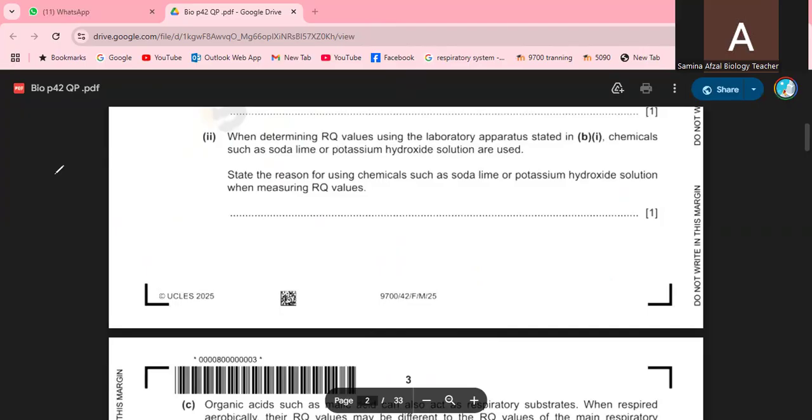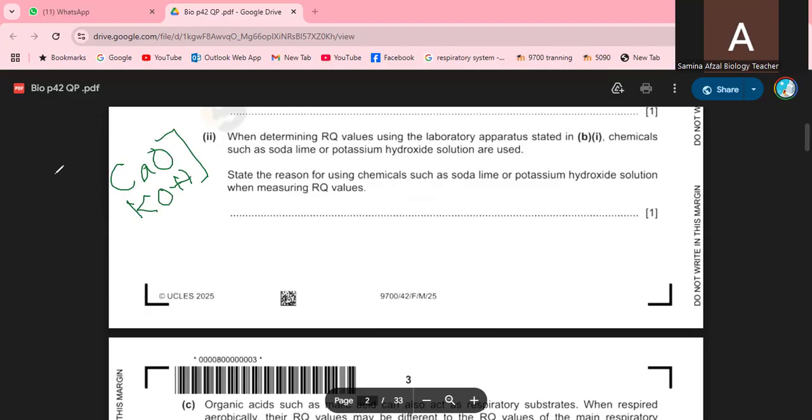So here, when they determine the RQ using a respirometer, chemicals like soda lime, CaO, and potassium hydroxide, KOH, are used. These are the two chemicals which are used to find out the RQ value.